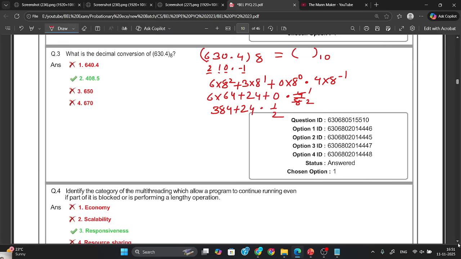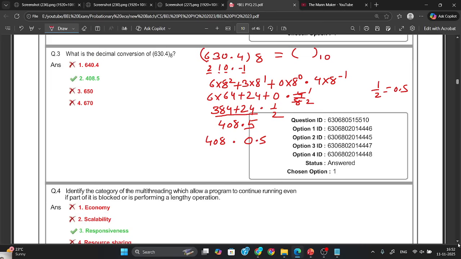So you will get 408, and 1 by 2 we can write as 0.5. Before the point you got 408 and after the point you got 0.5.